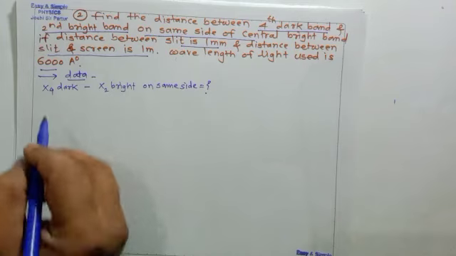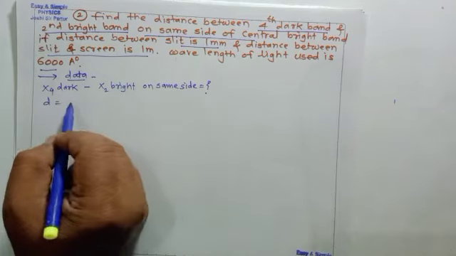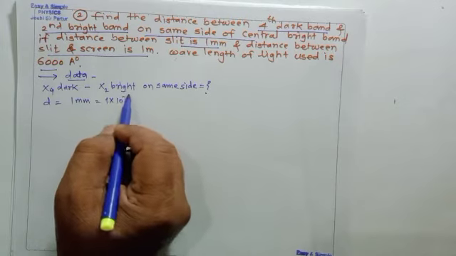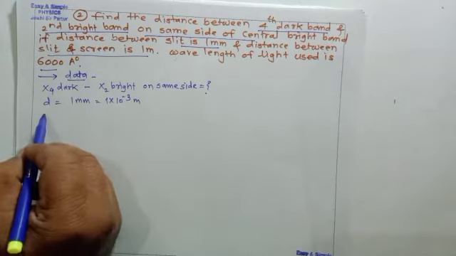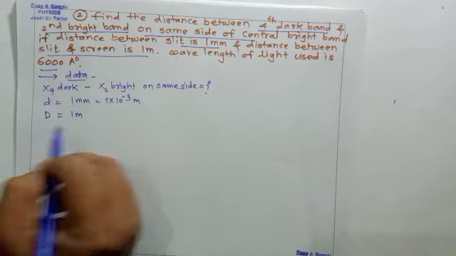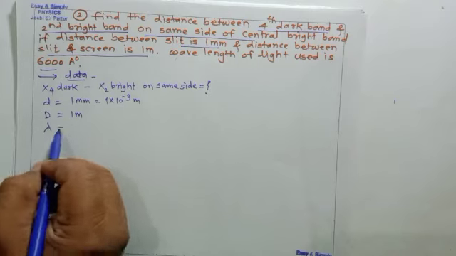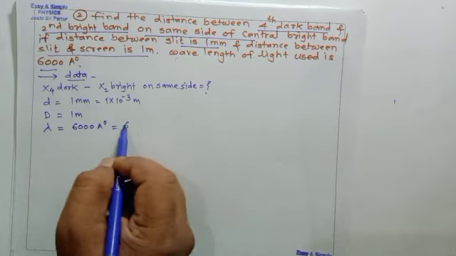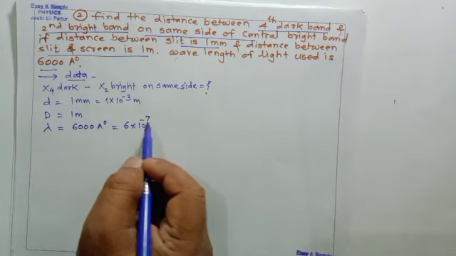Here small d will be 1 millimeter, means 1 into 10 to the power minus 3 meter. Capital D will be 1 meter. Wavelength will be 6000 angstrom unit, means 6 into 10 to the power minus 7 meter.